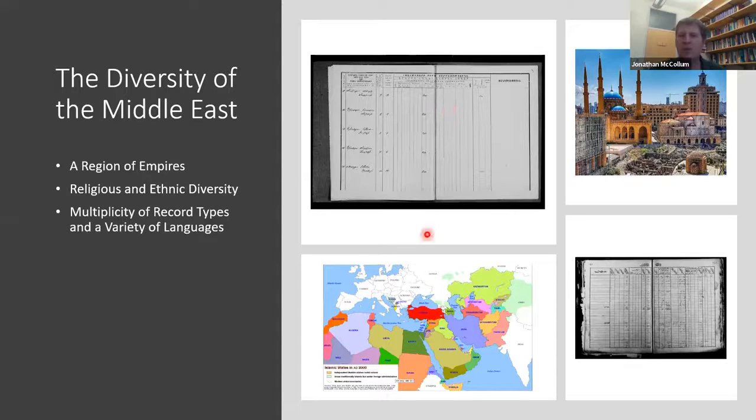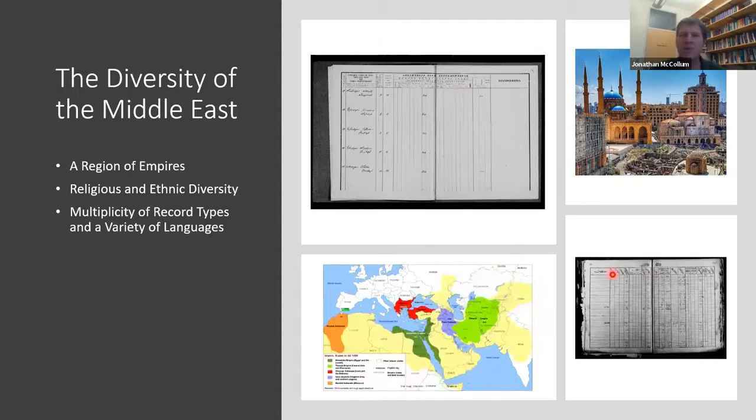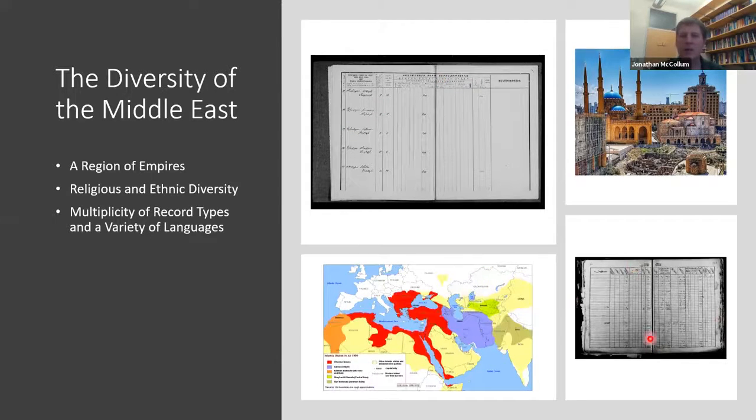I've put up 2 records here, very diverse, but really from similar locales, both generated within the Ottoman Empire. This is an Armenian church record, and this is an Ottoman government record. This one composed in Armenian, Western Armenian, I should say, and this one composed in Ottoman Turkish, a dead language.